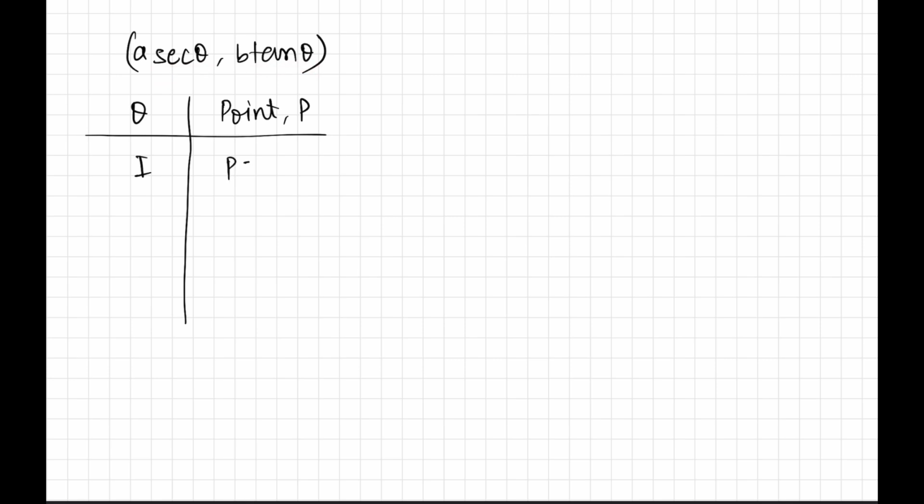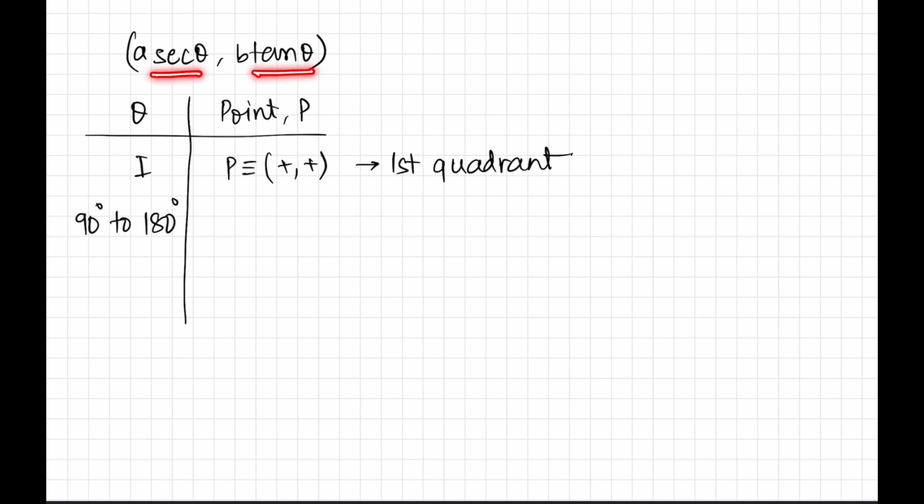So the point P will be of the form (plus, plus), and the point will lie in the first quadrant. If theta is from, say, 90 degrees to 180 degrees, that is, it lies in the second quadrant, then sec theta and tan theta both will be negative, and therefore the point will be of the form (minus, minus), and it will lie in the third quadrant.